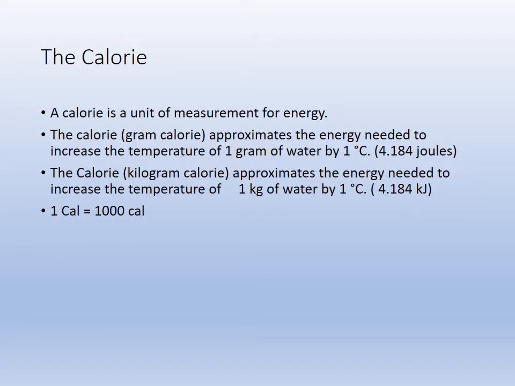Now the calorie is how we measure energy. The gram calorie, or small c, is the energy it takes to heat one gram of water up 1 degree, whereas the calorie that we're most familiar with, the capital C, or the kilocalorie, is a kilogram of water, or 1,000 calories.